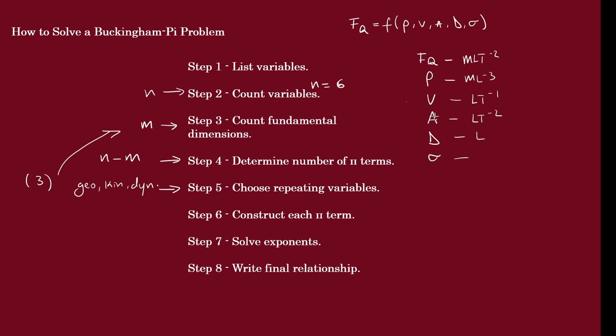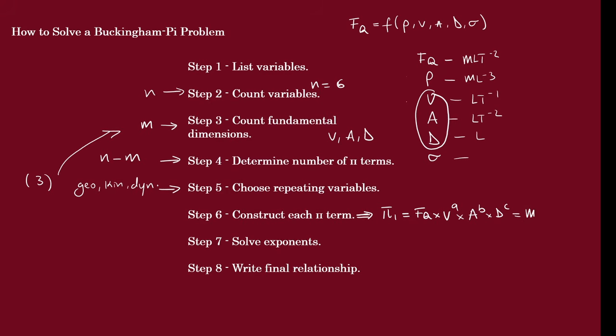Then construct each pi term, which means that we'll take our variable. So let's say our repeating variables for this problem are v, a, and d. It can't work for this, so this is purely theoretical. How this construction of a pi term works is that we'll take a non-scaling variable. So let's say pi 1 is now going to be f of q times the first scaling variable v raised to a, second is a raised to power b, and lastly is d raised to power c.